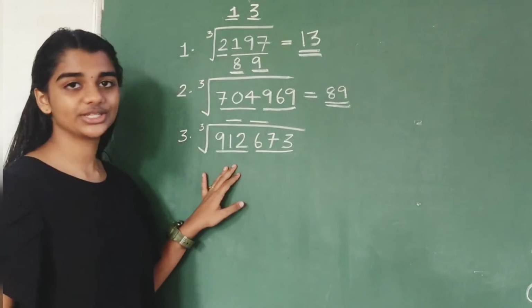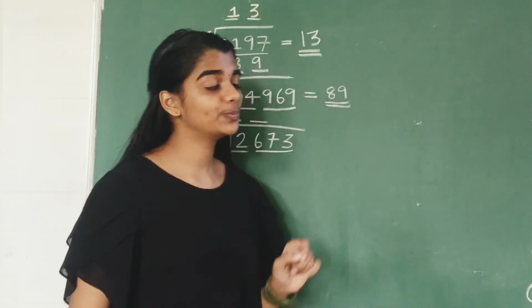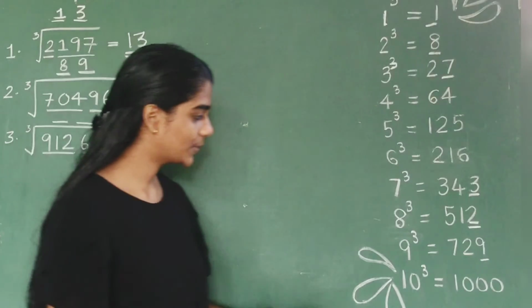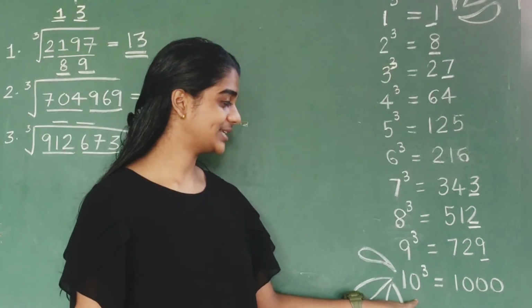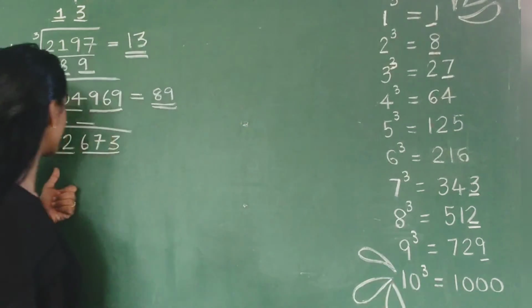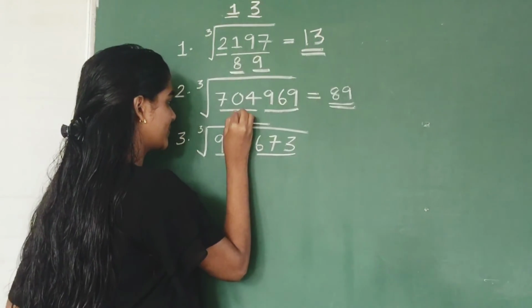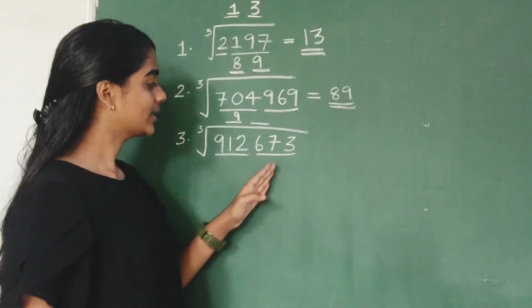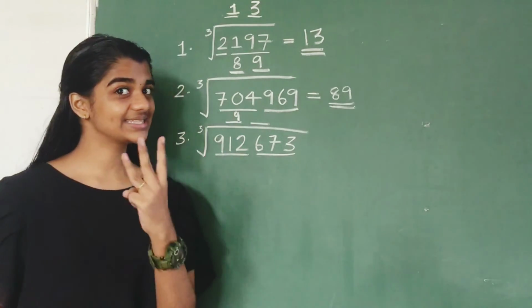First is 912. Tell me which is the least perfect cube before 912. What is 9 cube? 729. And what is 10 cube? It's 1000. 912 comes between these 2. So it would be 9 here. Now tell me 673. Which is the last digit in it? Yes, it's 3.